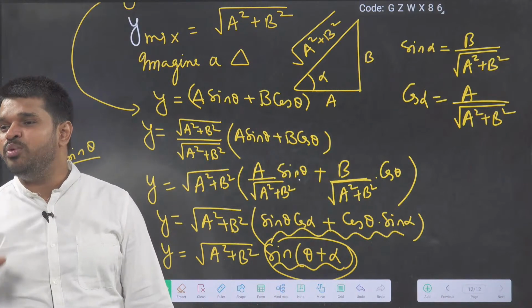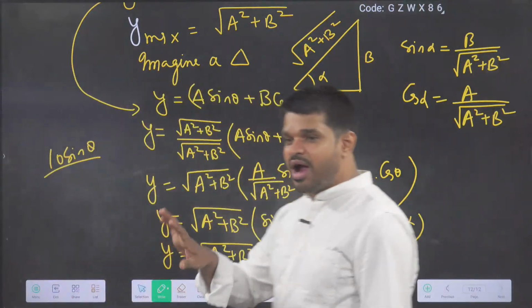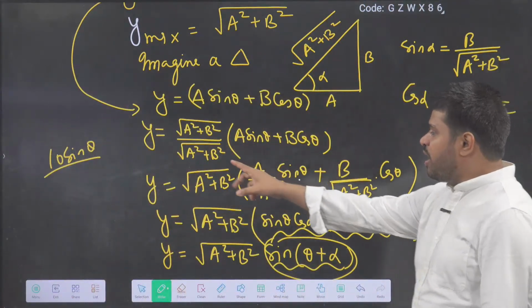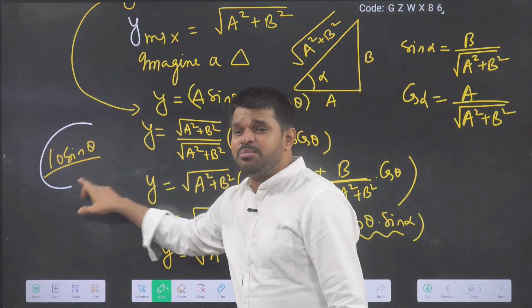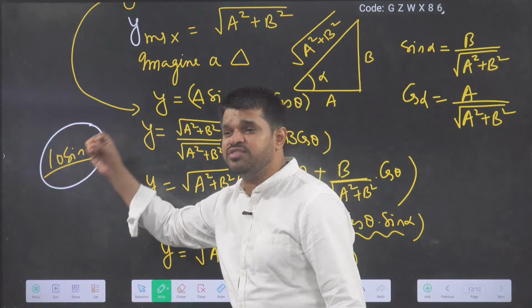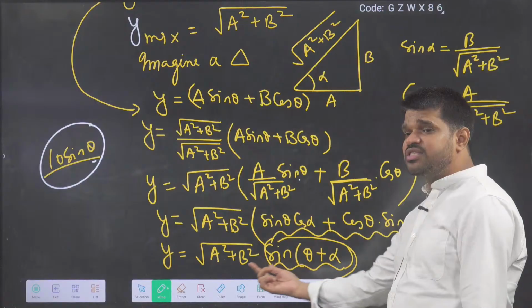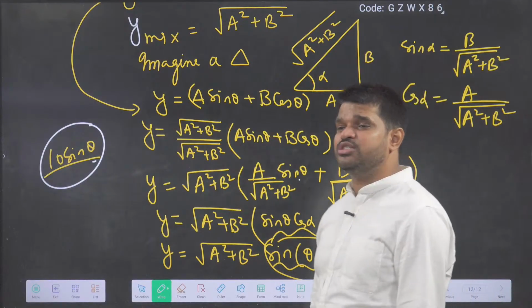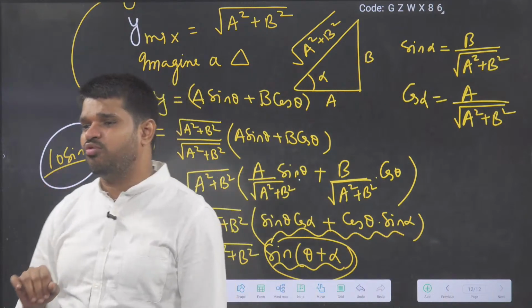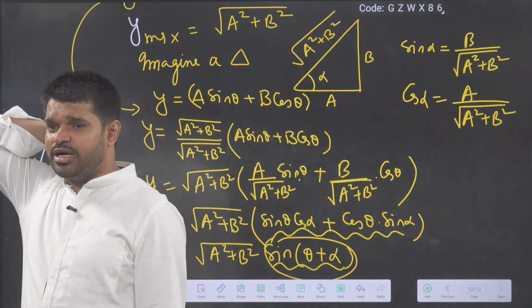Okay, so I hope you got the proof. In 10 sine theta, the maximum value is 10, which is the coefficient of the sine function. So what is the coefficient of the sine function here? Under root of A square plus B square. I hope you got the proof. How many of you understood it?